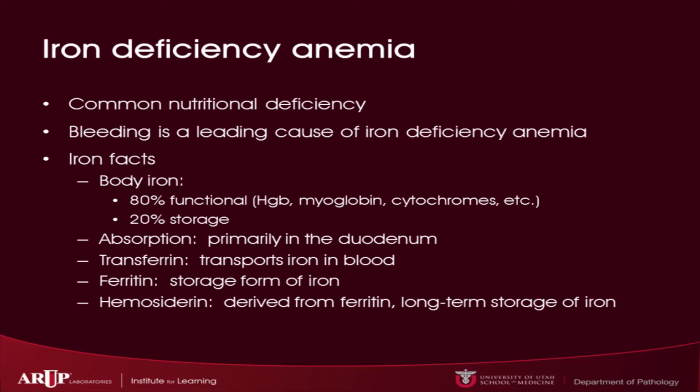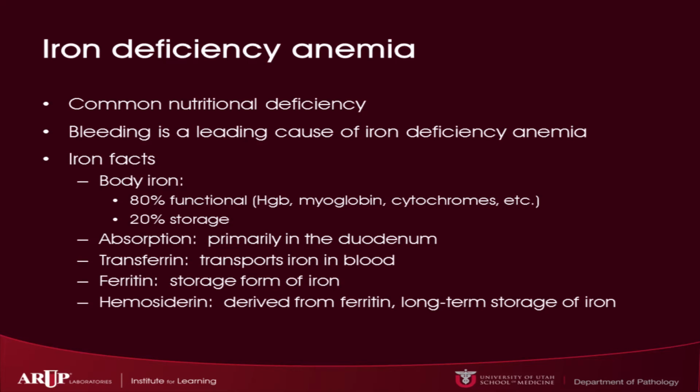So 80% of the functional iron gets circulated on a daily basis, and the 20% in the storage form is only used when there is iron deficiency or a sudden need of more iron because of severe bleeding or some other reason, like an accident or something.